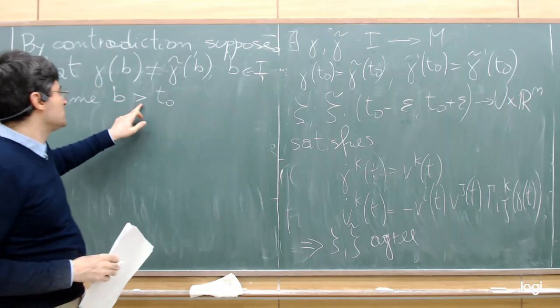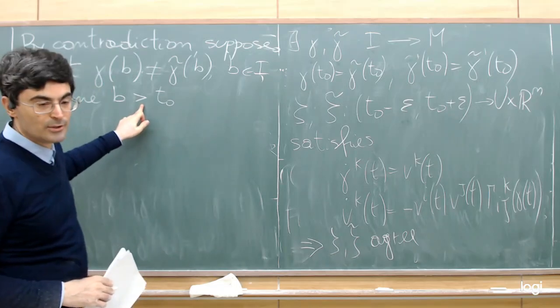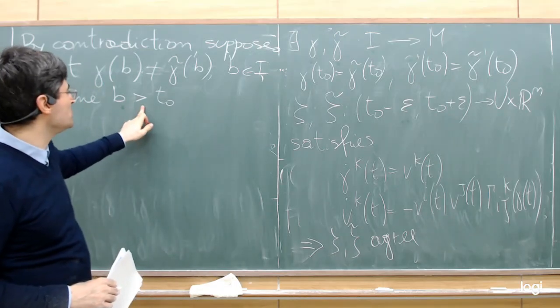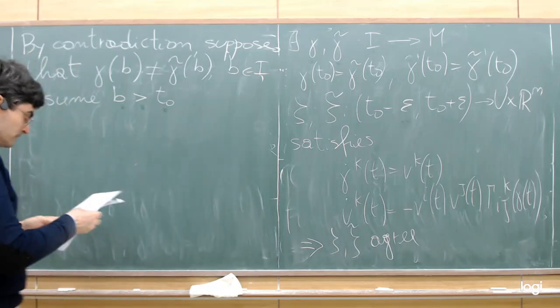The argument for handling the case b smaller than t0 is similar.